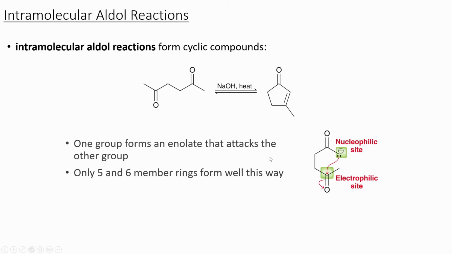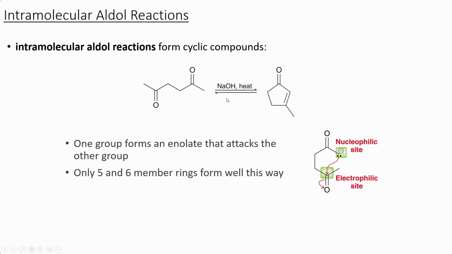The aldol reaction can also undergo an intramolecular variety, and this is where we have both the aldehyde or ketone in the same molecule. So in this example, we can take this ketone and form the enolate on one alpha carbon, and then that will go ahead and attack the other carbonyl group on the other side of the molecule.